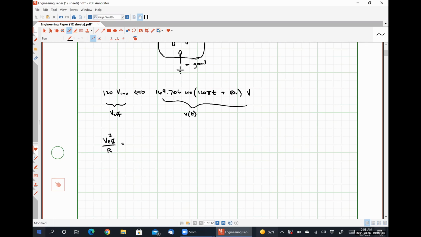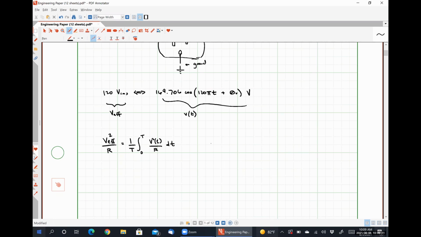And I'm going to set that equal to the average power delivered to some resistor by a time varying periodic signal. So that would be this guy right here.